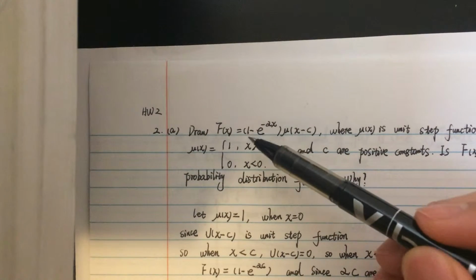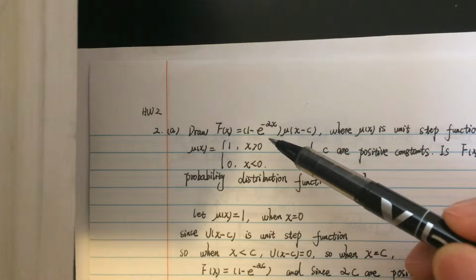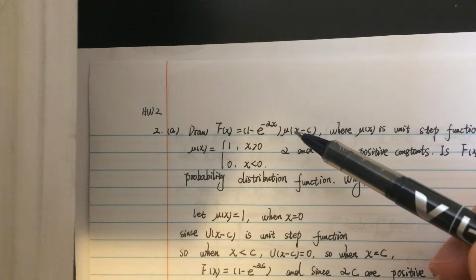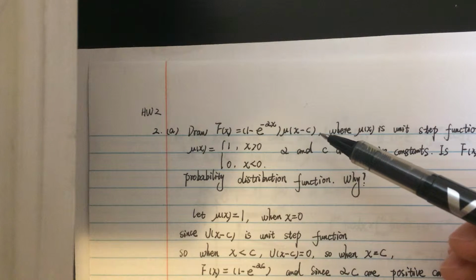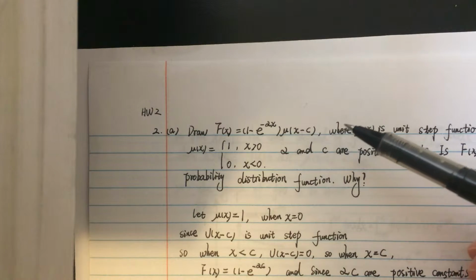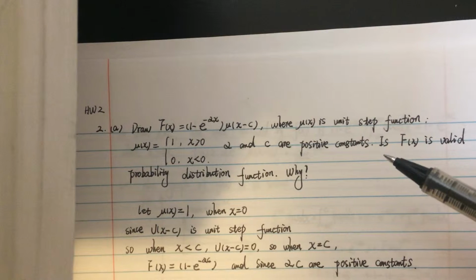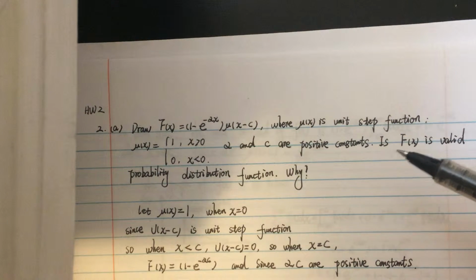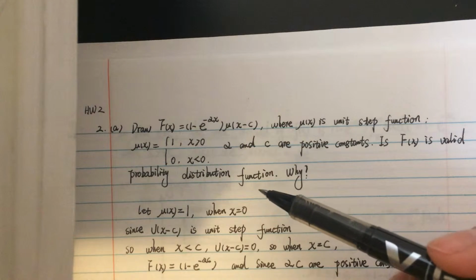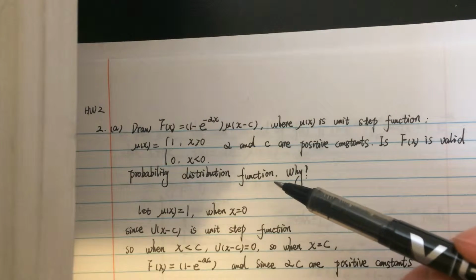Given F(x) = (1 - e^(-αx)) u(x - c), what we need to do is to show whether F(x) is a valid probability distribution function.